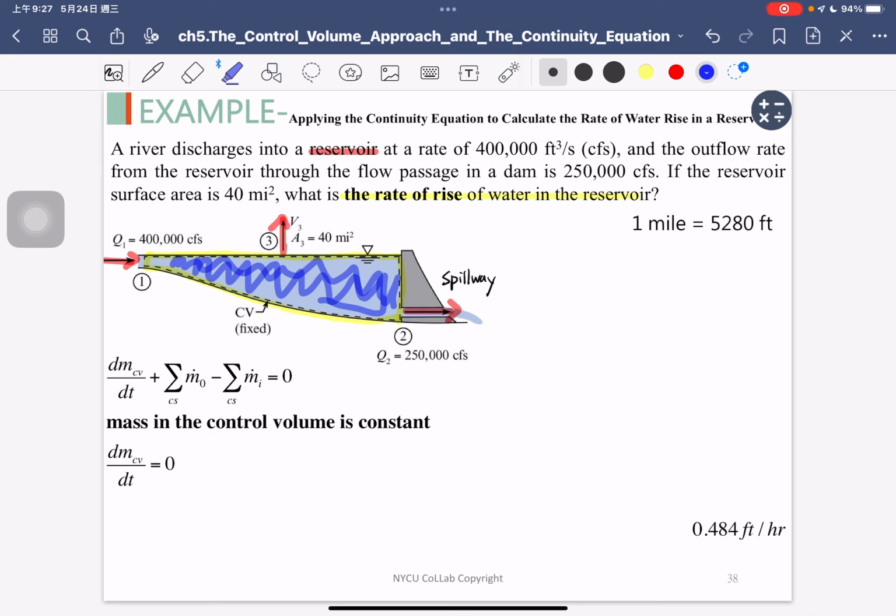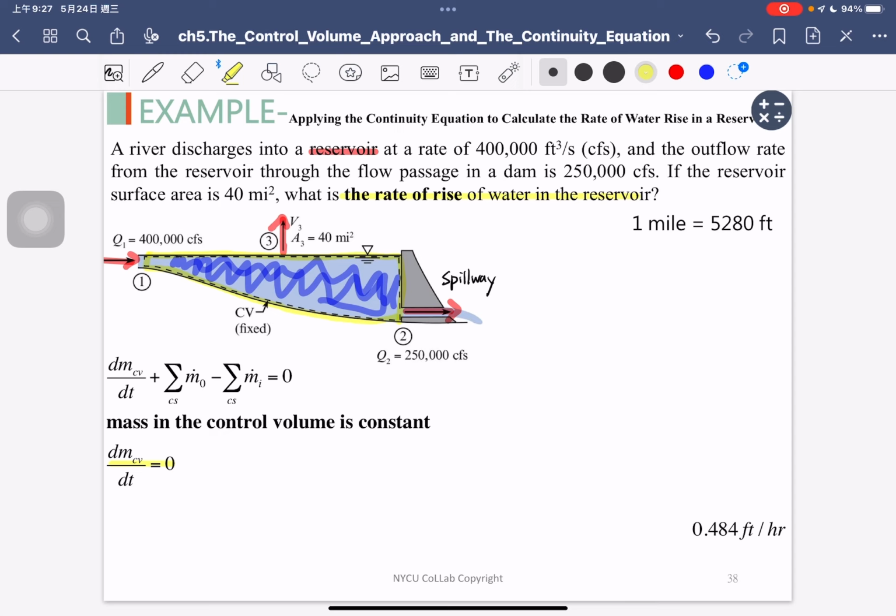That's why you can see I have highlighted the equation here. Based on the continuity equation, dMCV/dt is equal to 0. That's because in our question the water is always rising. When we fix the dashed area, the water inside the dashed area is always constant.